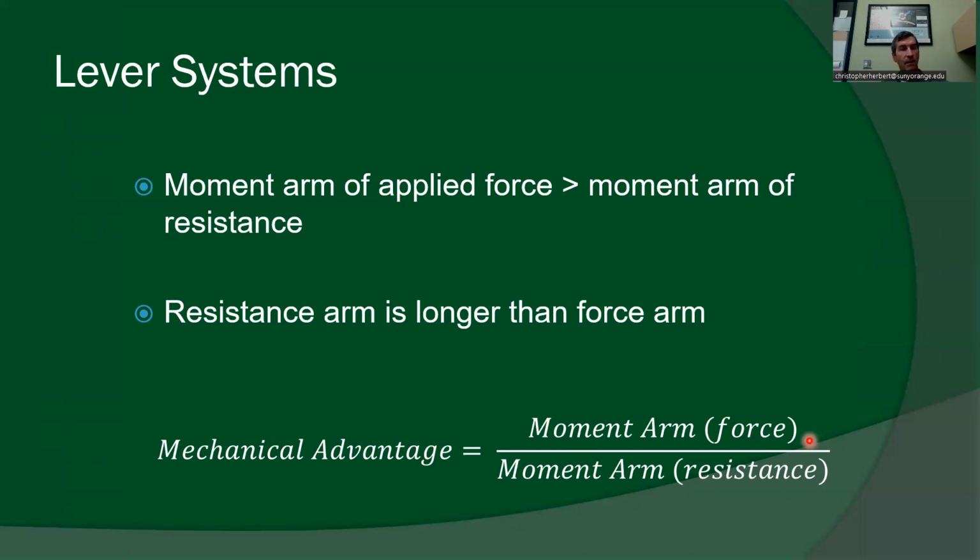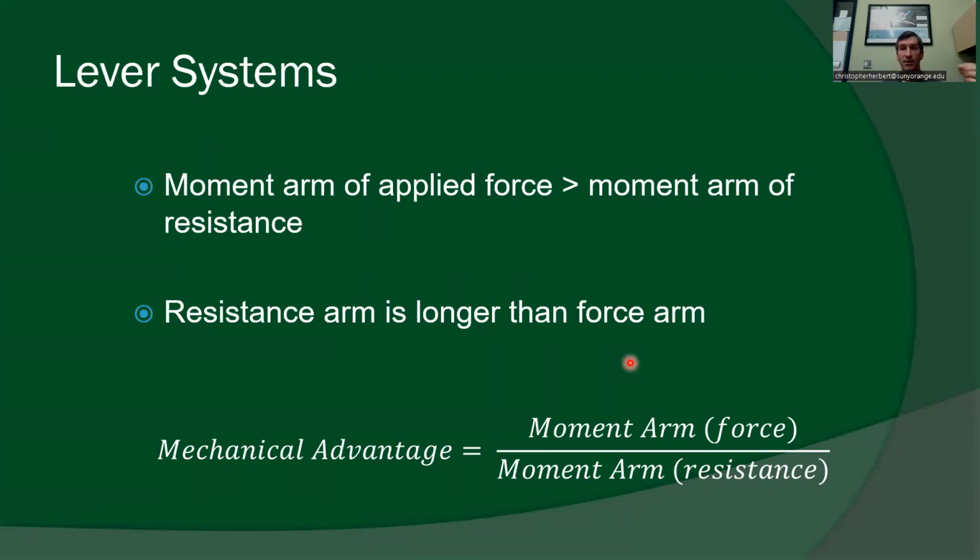Now, again, in lever systems, we use this idea of mechanical advantage to look at the ratio of the moment arms in the lever, where the moment arm of the applied force is oftentimes greater than the moment arm of the resistance to get some of this mechanical advantage. That's not always the case.